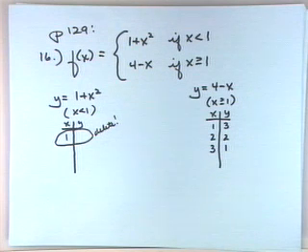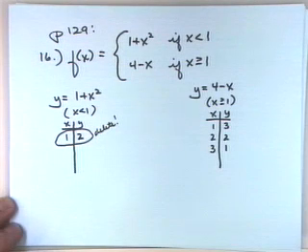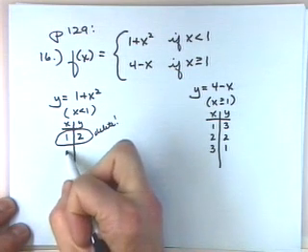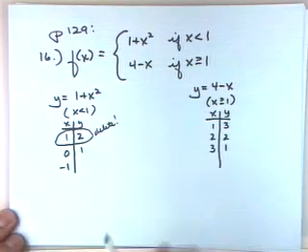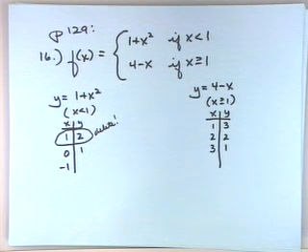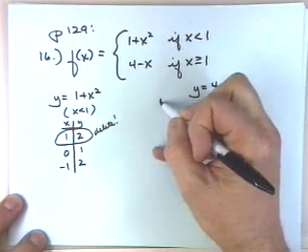So if x could be 1, which it can be very, very close to 1, but not quite 1, what would the y value be? 2. So that's going to be an open circle, and we have to choose now some values less than 1. So if x could be 0, which it can, what's the y value? 1. If x could be negative 1, which is legal, what's the y value? 2. So let's put these together.